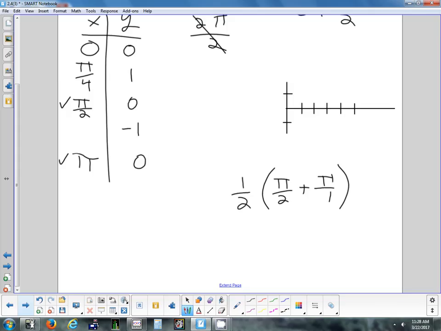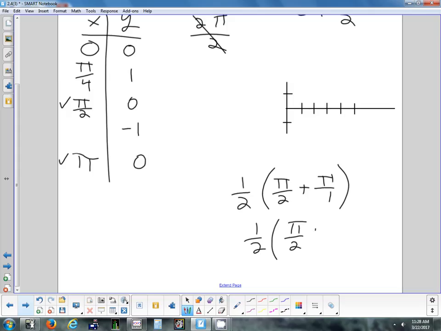Okay, why can't I add these right away? This happened when we did phase shift. We had to fix these fractions so we could add them. What did we have to do? Yeah, we needed a common denominator.